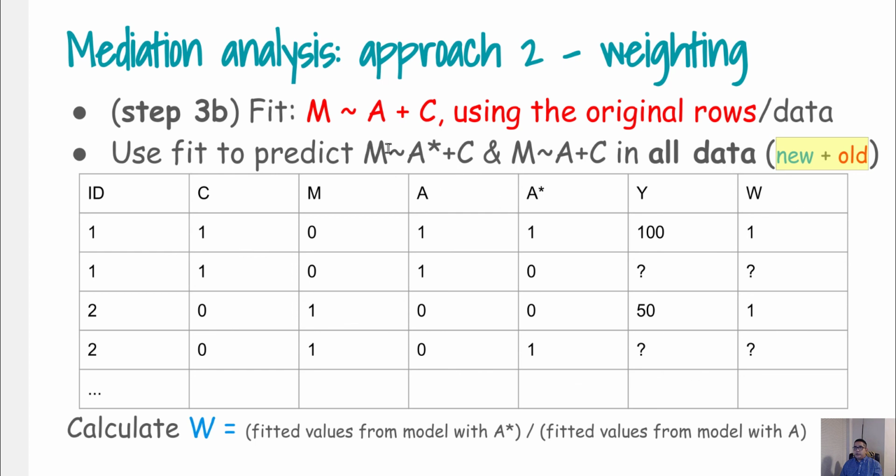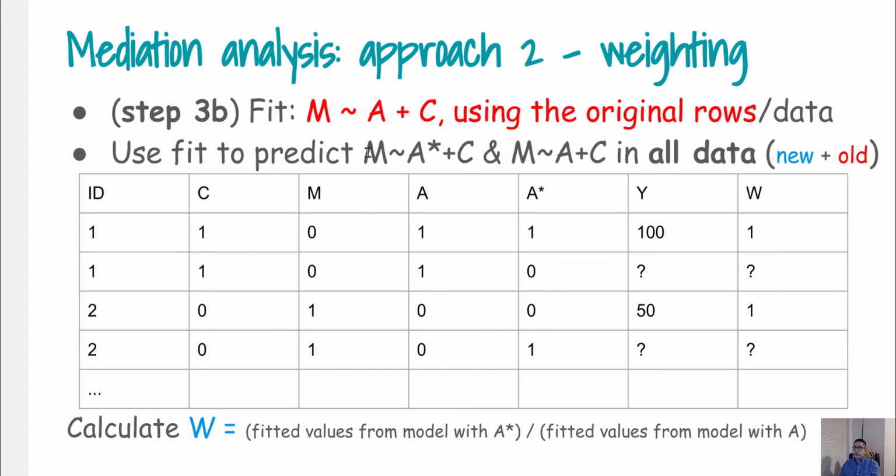The first prediction we are doing, where we are replacing all of the A values with our A star values, and then in the second prediction we are essentially using the same model that we used to fit the original data. That will give us some prediction value of the probability or risk of M, and some prediction value of the probability or risk of M, right? So these are basically going to be the fitted values.